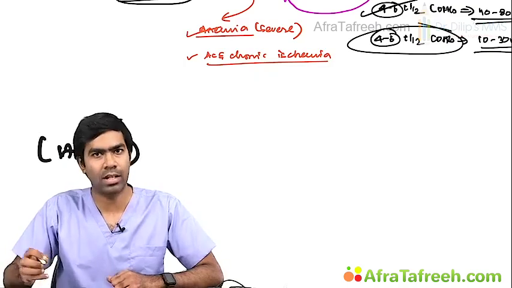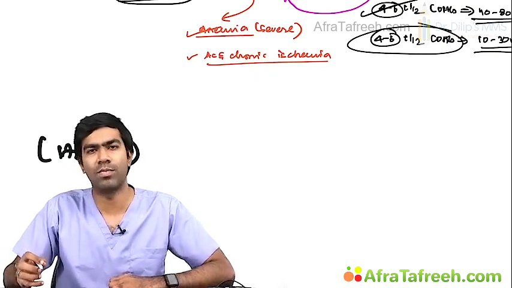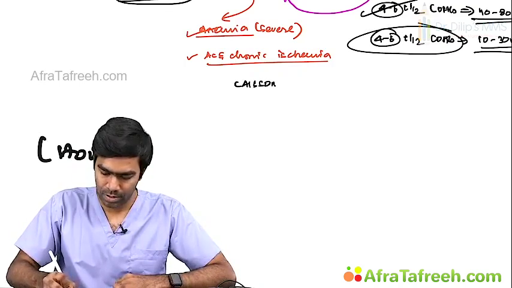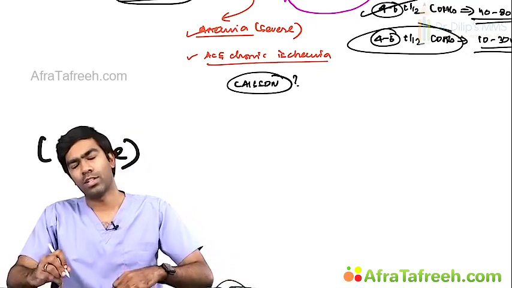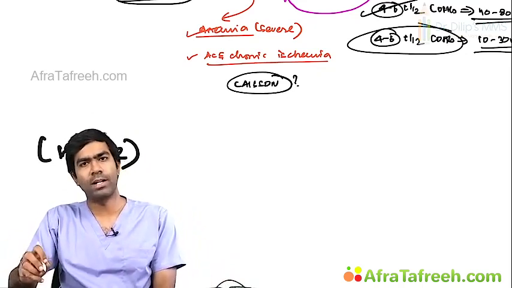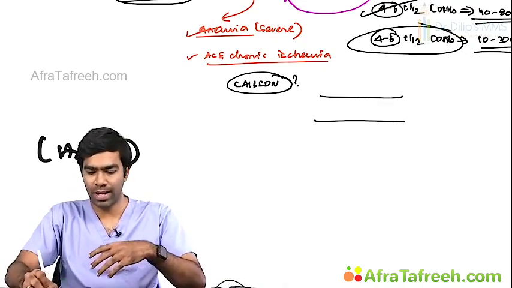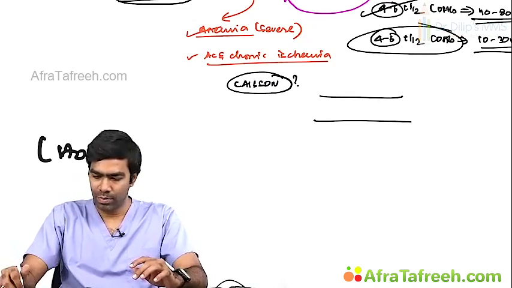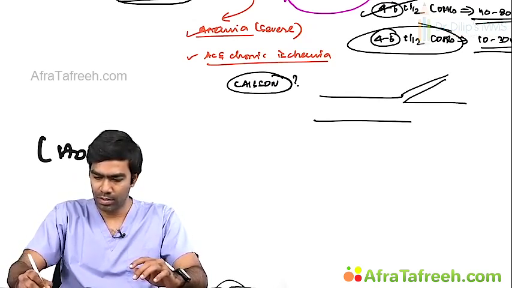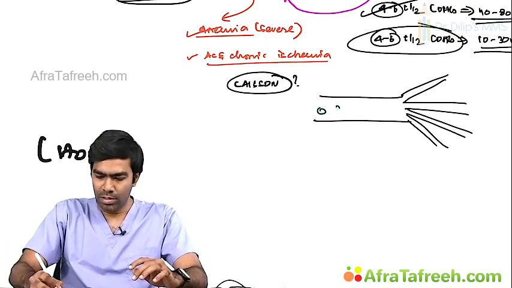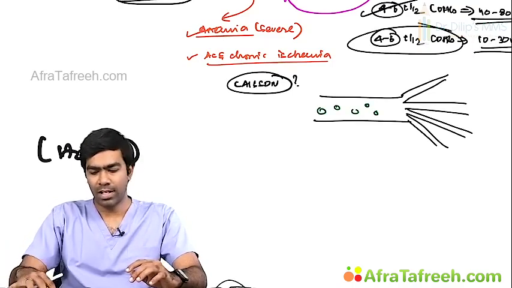Similarly, you might be asking how hyperbaric oxygen therapy is helpful in Caisson disease. Caisson disease is nothing but decompression sickness. What is the problem in decompression sickness? You form nitrogen bubbles in the blood.